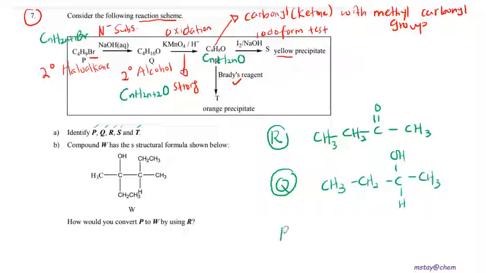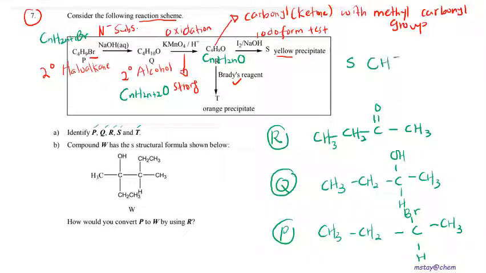And then the P will be CH3, CH2, CH, with the hydrogen maintained, and the OH replaced by Br, and CH3. So for the S, they mentioned it is the yellow precipitate, so it's CHI3. Then I think we have no space for the structure T, so I will continue it in the next slide.